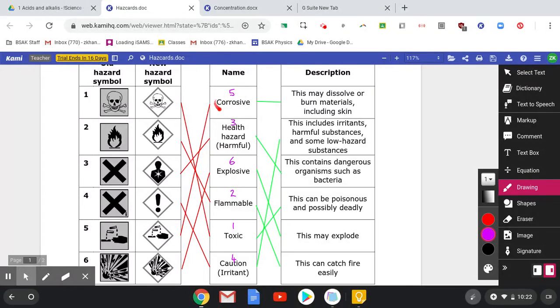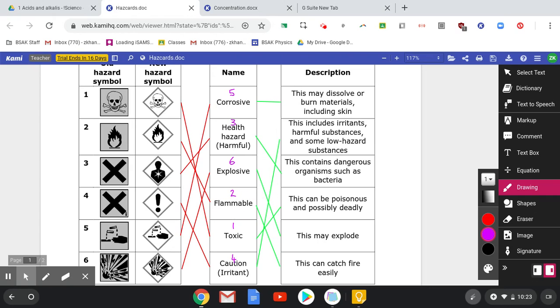So, a corrosive substance is a substance that may dissolve or burn materials, including skin. A health hazard contains dangerous organisms such as bacteria. Explosive, it's quite obvious, this may explode.